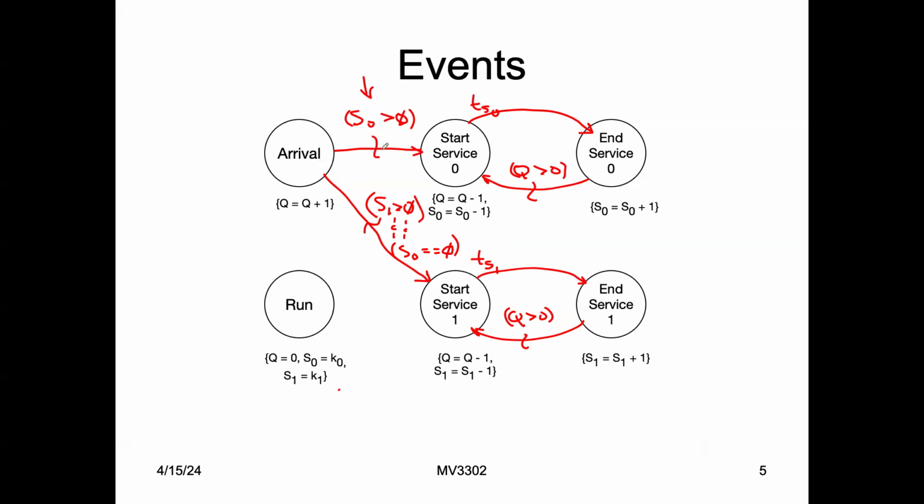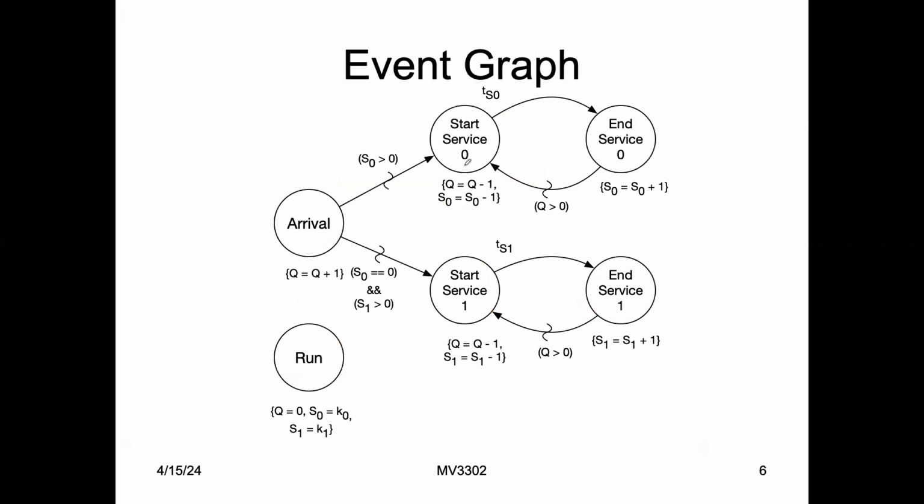Well, if they're both available, then this condition is true, and this condition is false, because if they're both available, S0 is positive. So this is true and this is false. And in general, if you're in a situation where one event can only schedule one, it's like what we did a couple times ago. In other words, the two scheduling conditions need to be mutually exclusive. And that's hopefully what the final one looks like.